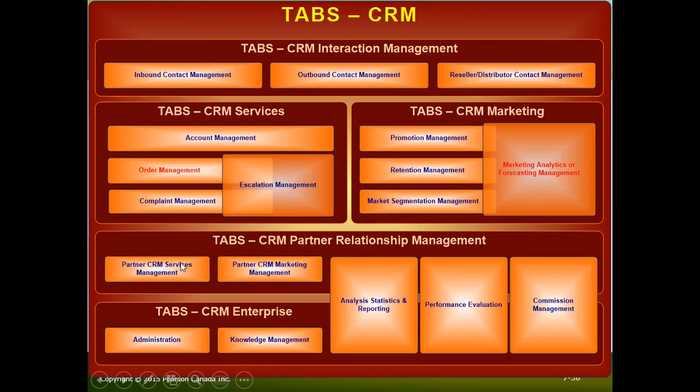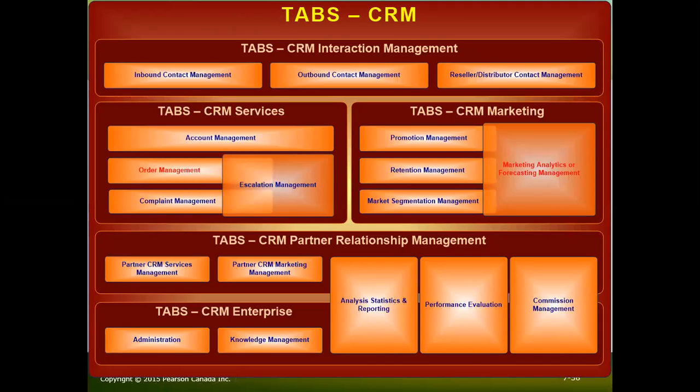So you have the partner CRM service management, partner CRM marketing management, and overall you have the administration. Also, we talked about the knowledge management. It's a part of the CRM to dig in if there is a question or information you're seeking internally. And then there is always reporting and analytics, like a business intelligence solution. And you have the performance evaluation. And if there is a commission that goes to the partners or to the salespeople, there's commission management.